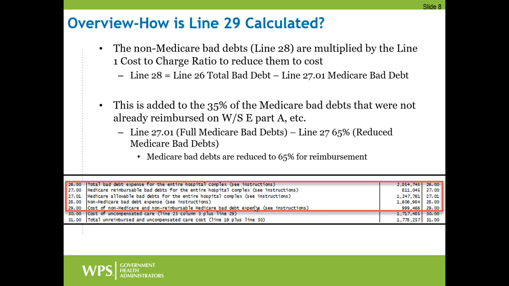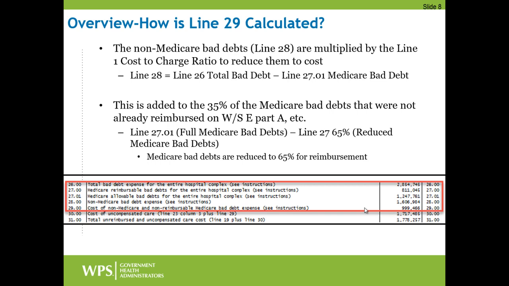The one thing I do want to mention here is that we had that line 28 item separated out, non-Medicare bad debts. Those are multiplied by that line 1 cost to charge ratio to reduce them down to cost. So that's why line 29 is a smaller number. It's going to be that non-Medicare bad debt multiplied by the cost to charge ratio to bring it down to a lower amount.